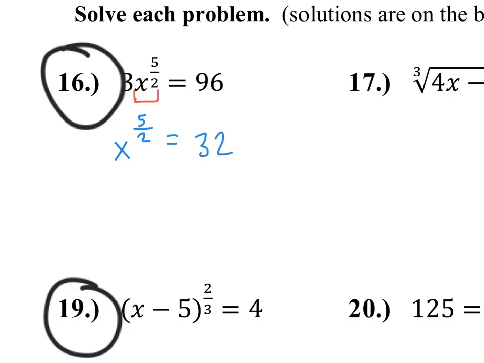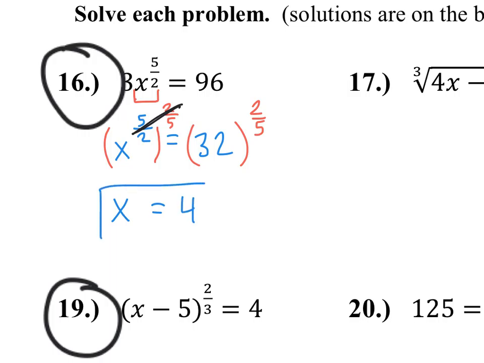And now to get x by itself, we have to raise both sides of the equation to the reciprocal of 5/2, which is 2/5. When we raise the left side of the equation to the 2/5 power, that leaves us with just x. These cancel each other out. And then 32 to the 2/5, that's something you should plug into your calculator, is 4. So x equals 4.